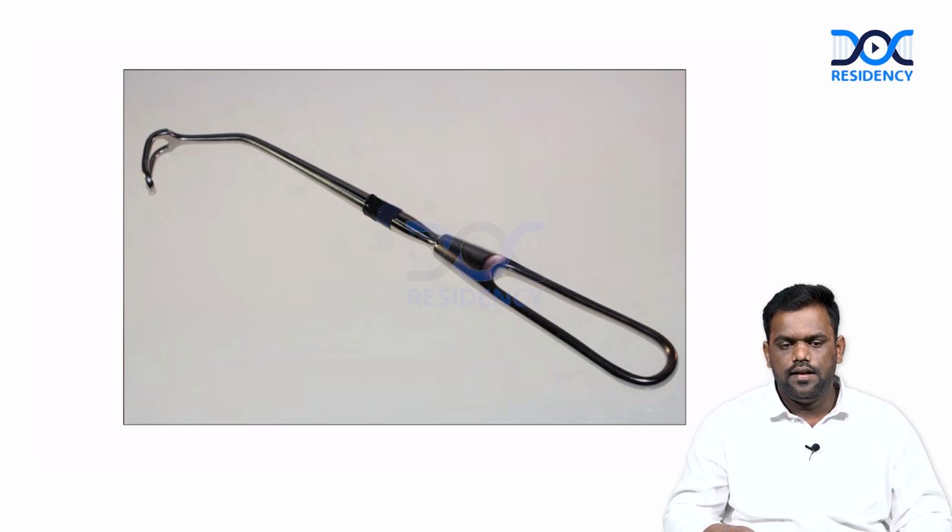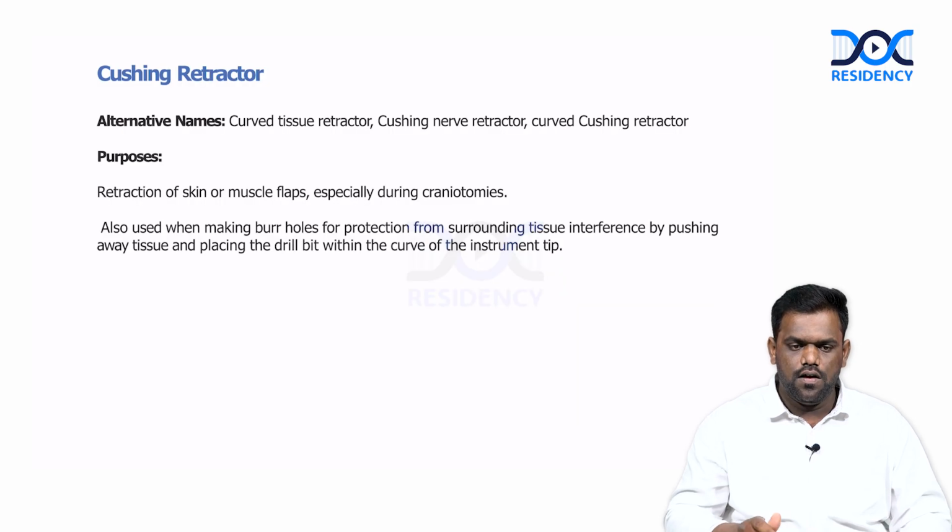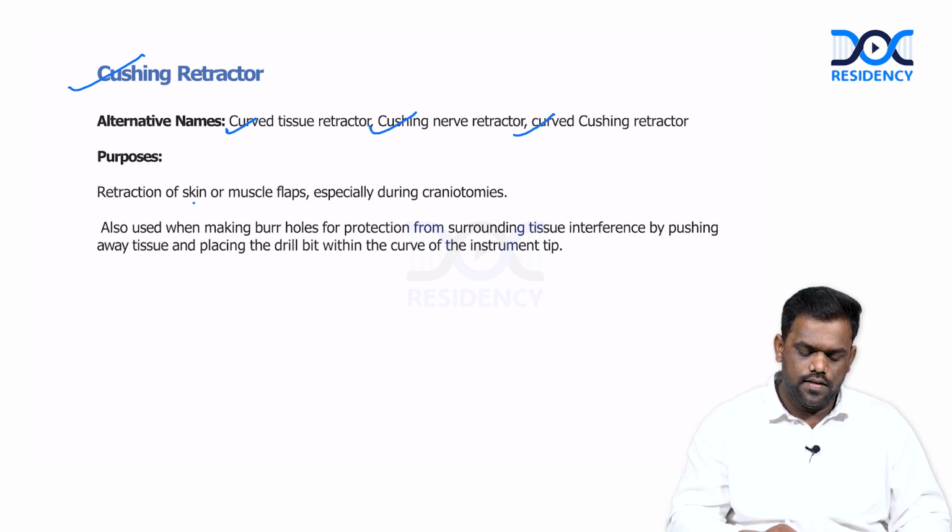Identify this retractor. It has a space for the surgeons to work. It's called Cushing's retractor, also curved tissue retractor, Cushing nerve retractor and curved Cushing retractor. Many names are there. The purpose is retraction of the skin or muscle flap, especially during craniotomies.